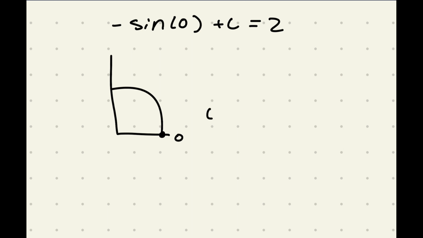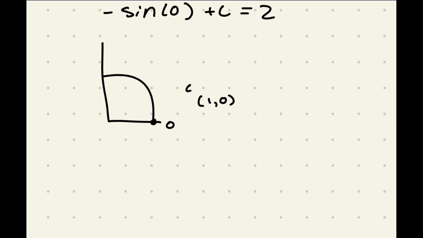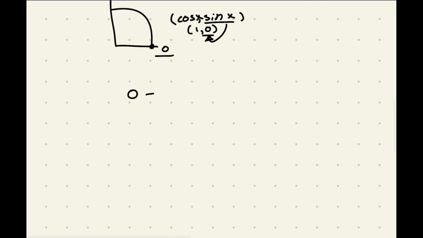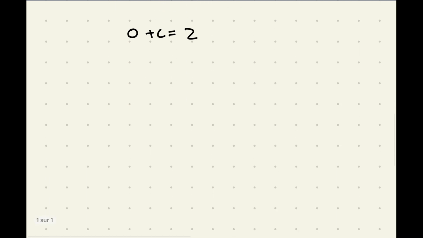This right here is just 1 comma 0. This right here is cosine, and your y value is sine. As you can see, sine is equal to 0. So sine of 0 is 0. So we just say 0 plus c equals 2. We can simplify this further by saying c is equal to 2.